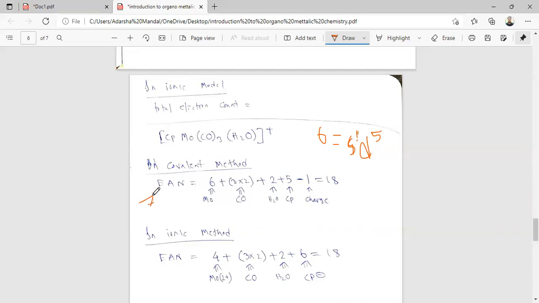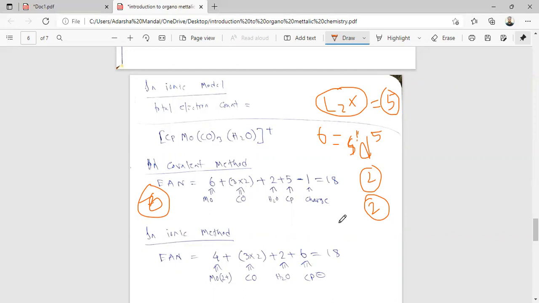The group number of molybdenum is 6, and CO is an L-type ligand, so it will donate a total of 2 electrons to the metal center, and water is also an L-type ligand, so it will also donate 2 electrons to the metal center, and Cp is an L2X type ligand, so that means it will donate a total of 5 electrons in this electron count.